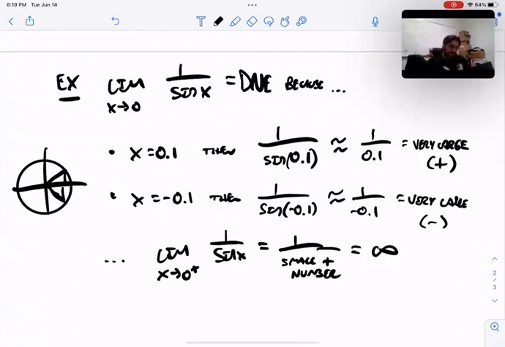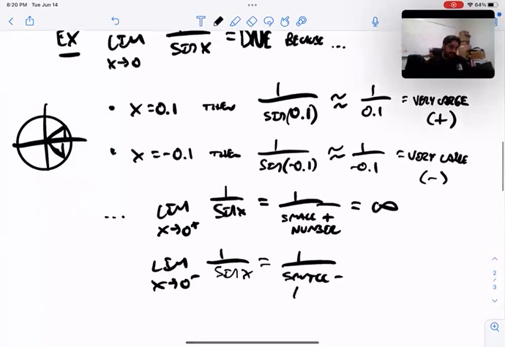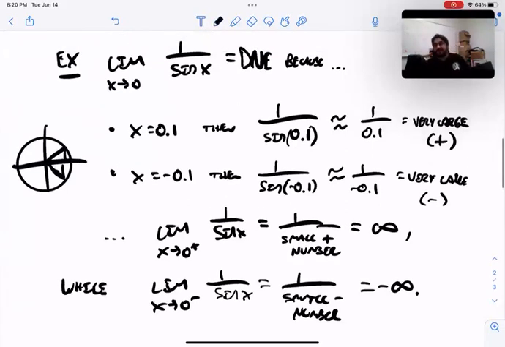It is positive infinity, and the limit as x goes to 0 from the left is going to be 1 over a small negative number, right? So this is going to be negative infinity. So since the left and right hand limits disagree, the two-sided limit does not exist.